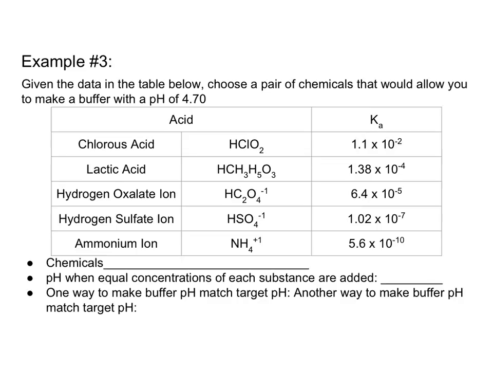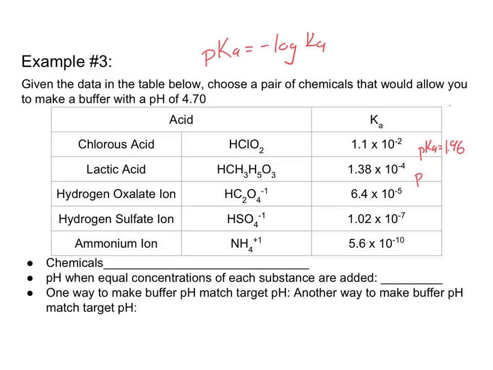In example number 3, it says, given the data in the table below, choose a pair of chemicals, and what you've been given there is your acid, that would allow you to make a buffer with a pH of 7.4. So if we remember that in order to convert Ka to pKa, which is helpful for us, the pKa is equal to the negative log of the Ka. Now, I was kind of nice, and I did a lot of the work for you, so we don't have to go through all the math here. For the very first one, chlorous acid, I determined that the pKa is equal to 1.96.